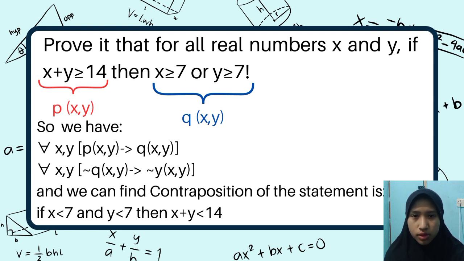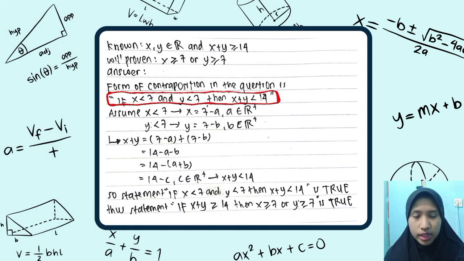So from the implication we also find the contraposition statement, that is, if x is less than 7 and y is less than 7, then x plus y is less than 14. Knowing that x, y are real numbers and x plus y is greater than or equal to 14, we will prove that x is greater than or equal to 7 or y is greater than or equal to 7.